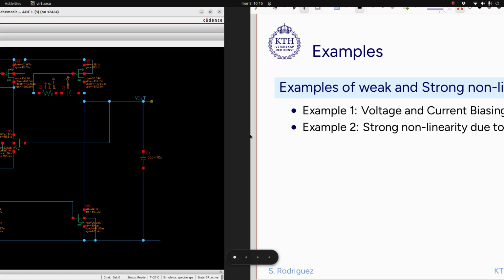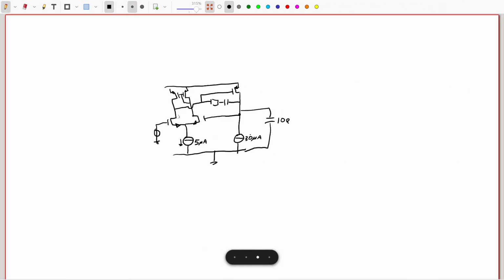And the compensation capacitor is 2 picofarad. So we have 2 picofarad here and 10 picofarad here at the output, and then this is the output. And this is Vin.